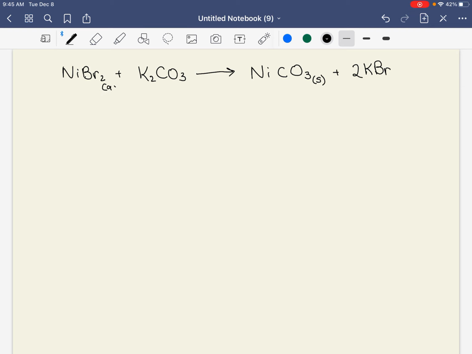What that means is that everything else is dissolvable in water. Okay? How am I going to put this in a net ionic equation? Because this one is a little different. It's very simple. Okay? So let's do the total ionic equation first.